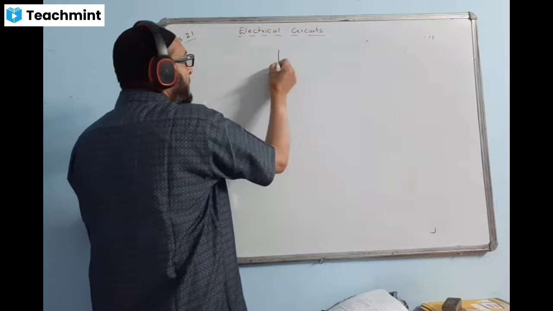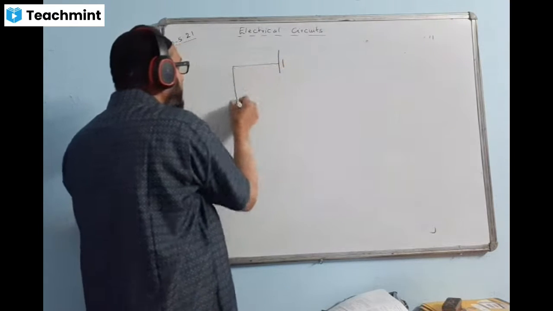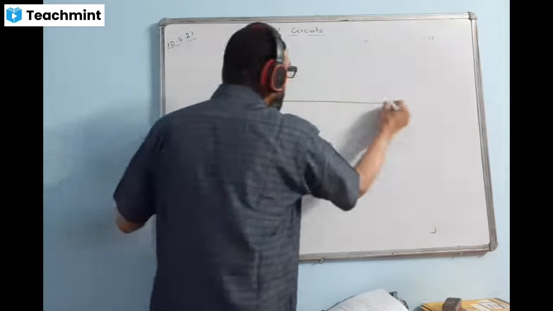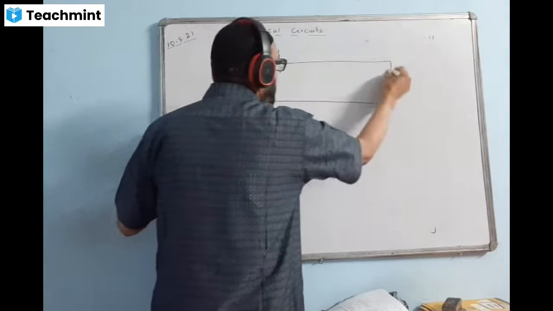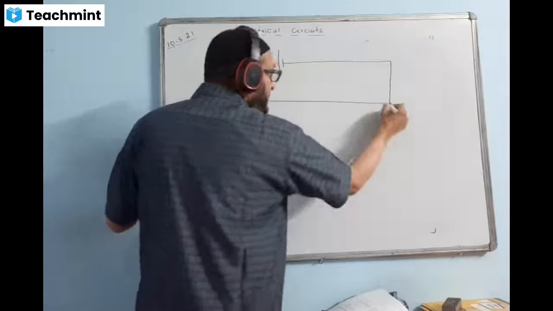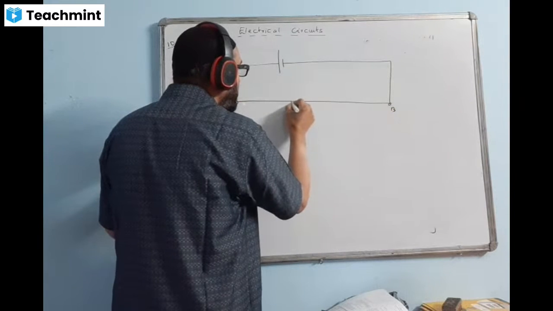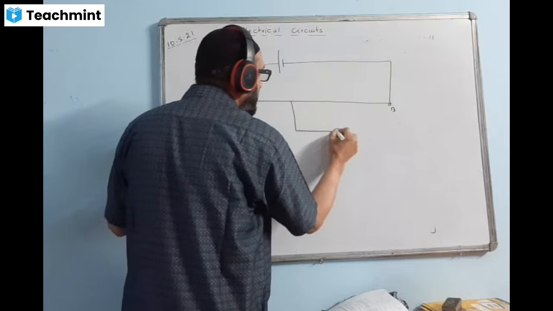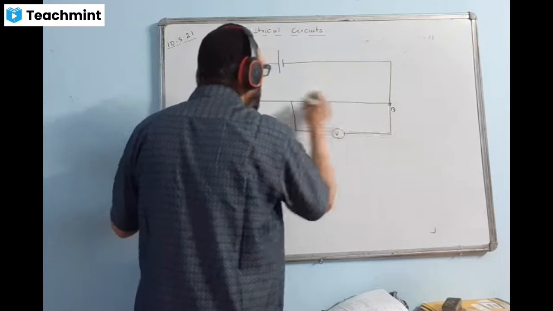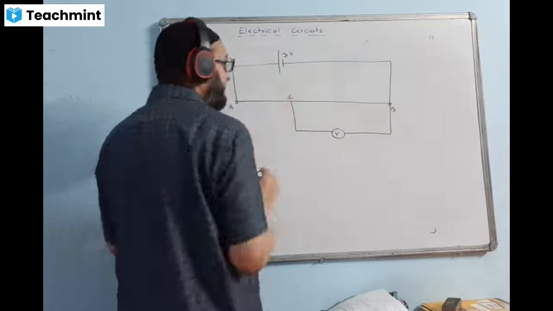Okay. We have a circuit diagram given here like this. This is A, this is B, this is 3 volt given.